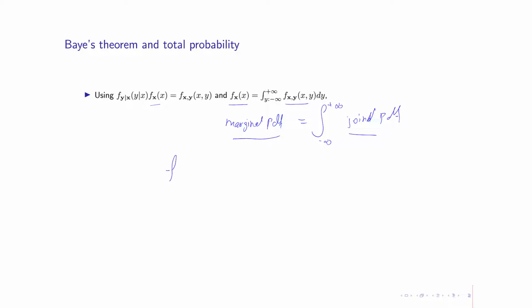In other words, the conditional PDF of y given x is equal to the joint PDF fxy of x and y, divided by the integral over y from minus infinity to plus infinity of fxy of x and y dy. Okay.